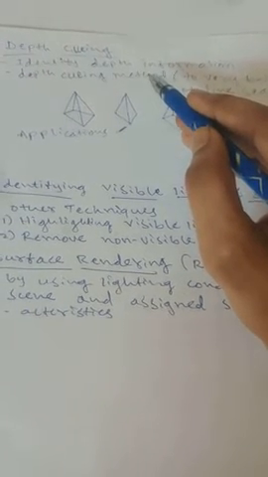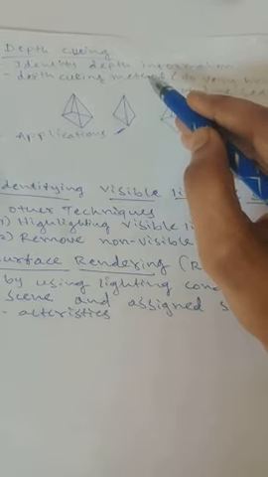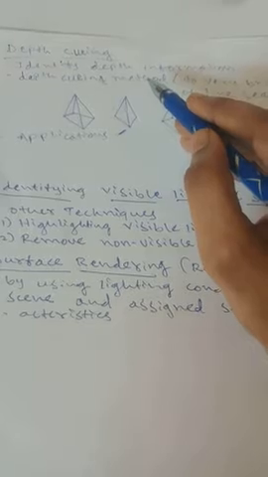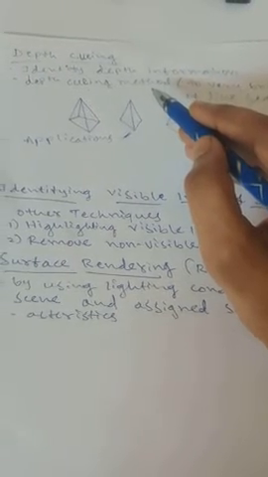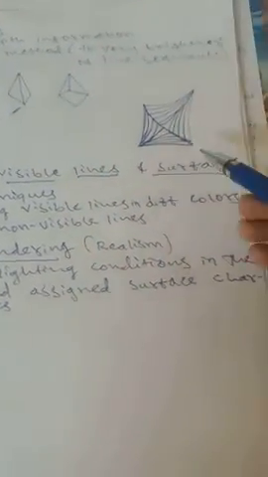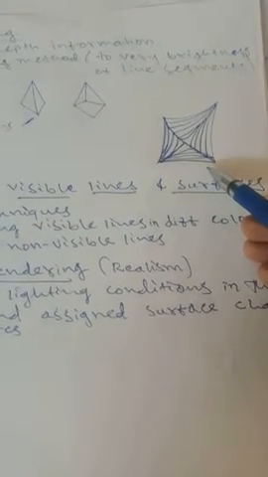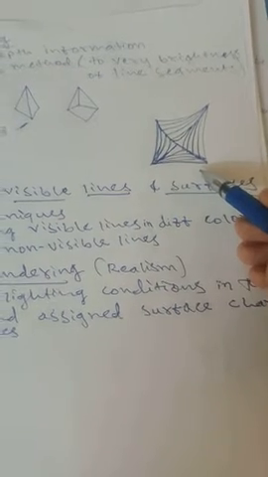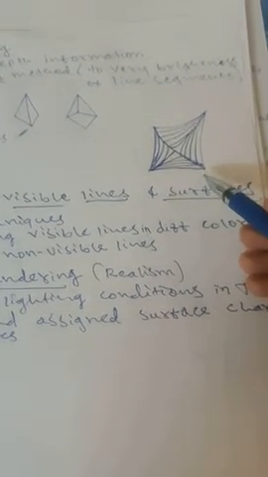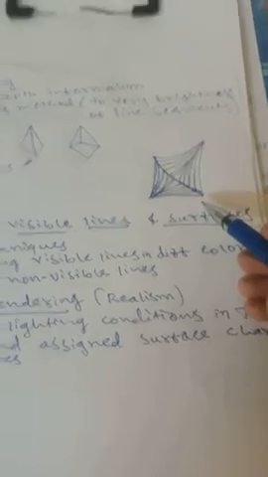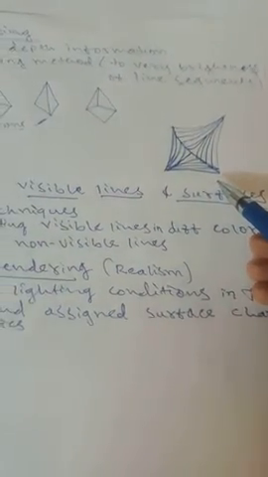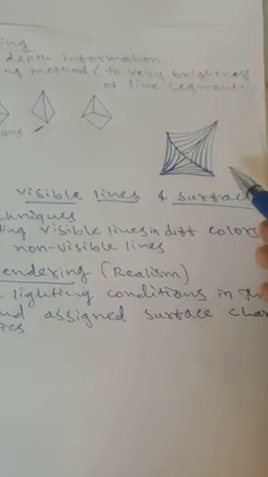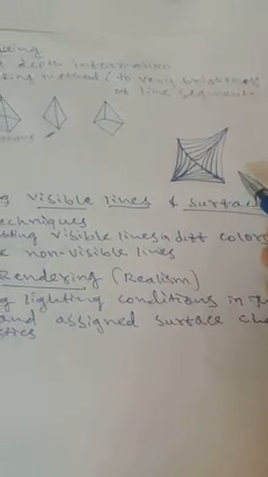For example, in this particular figure showing a wireframe object, the lines closest to the viewing position are displayed with the highest intensity, and the lines farther from the viewing position are displayed with decreasing intensity.